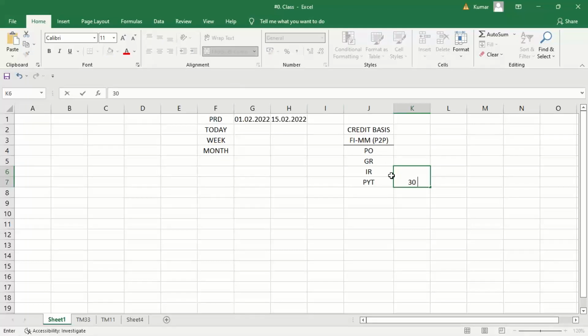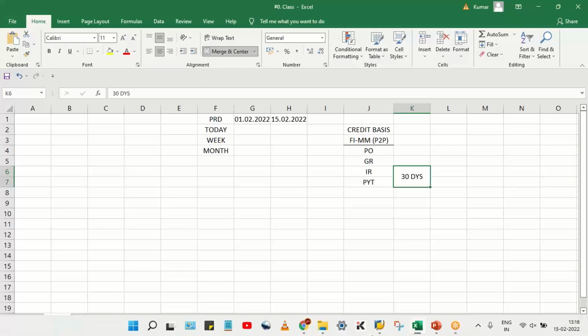In the sense, if we have received the invoice today, the payment is going to be released after 30 days, 45 days, or 60 days. It could be anything. It depends upon the terms of payment.